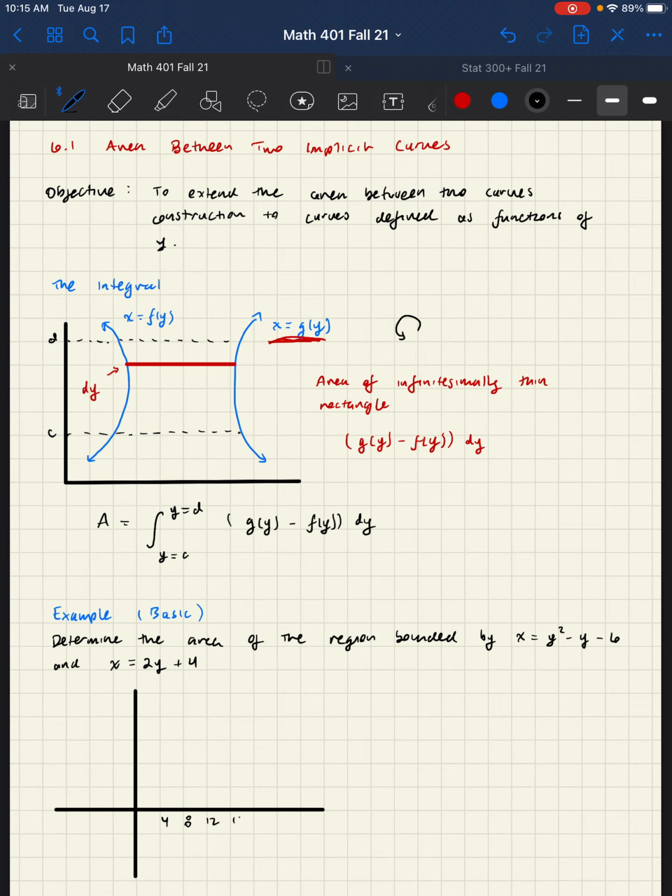So 4, 8, 12, 16, something like that. Actually, I can do a little bit wider. Oh, 16. That should do it.